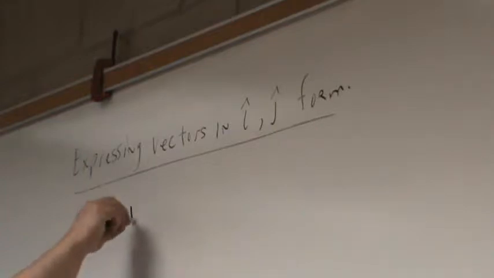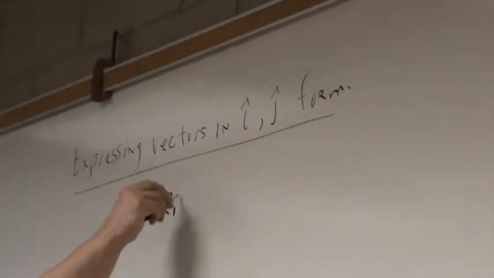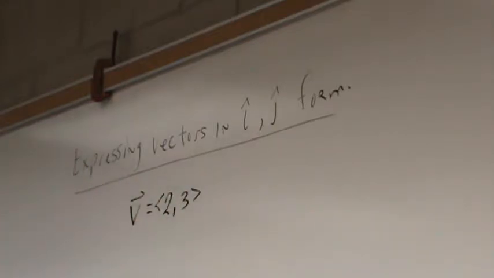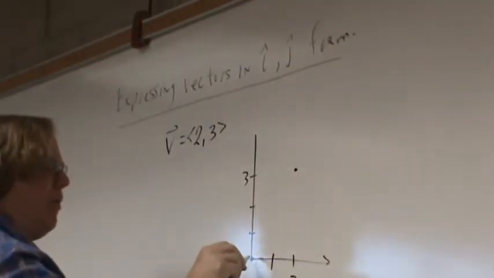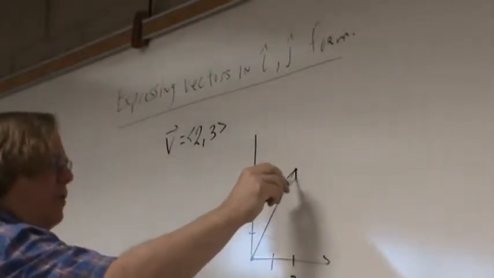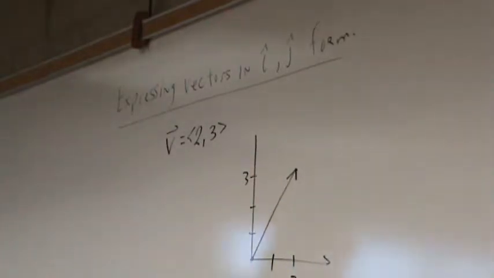Suppose I have a vector v, and that vector is 2, 3. There's my vector, okay? And so if I draw that vector in standard position, I know that my initial point will be at the origin, and my terminal point will be at 2, 3. Great, there's my vector 2, 3.